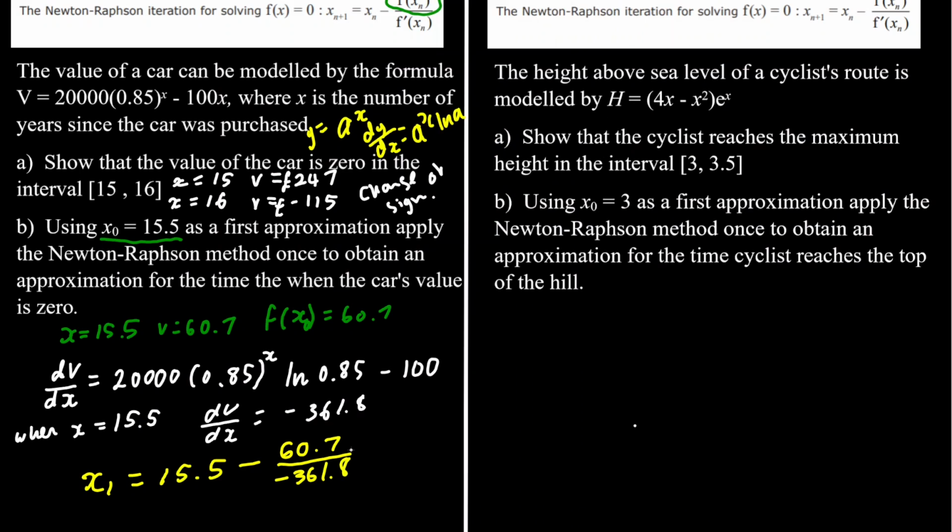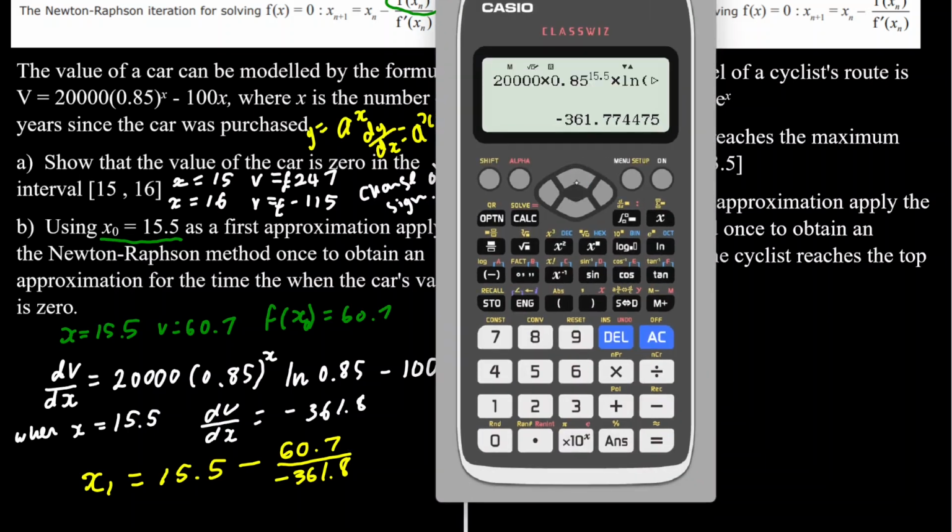So let's just type this into the calculator. We could have this one stored as A, and this one stored as B. So if we have 15.5 minus B over A, we get 15.7.